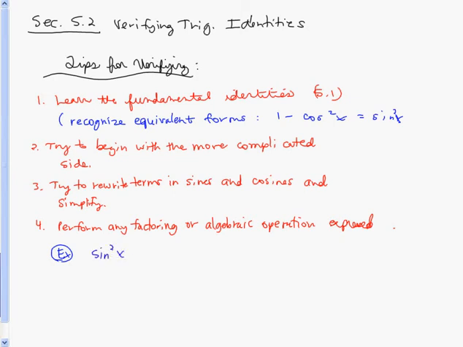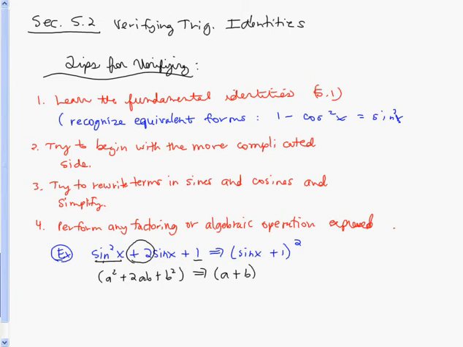Suppose I had sine squared of x plus 2 sine of x plus 1. Now this may blow some of your minds, but this factors. This is the same as sine of x plus 1, all squared, because this piece is a perfect square and this is a perfect square, and we've doubled those two multiplied together. It's just like if I had something of the form a squared plus 2ab plus b squared, it would factor into a plus b all squared. That's where we're getting it. That's the relation. So, recognize things that can be factored.